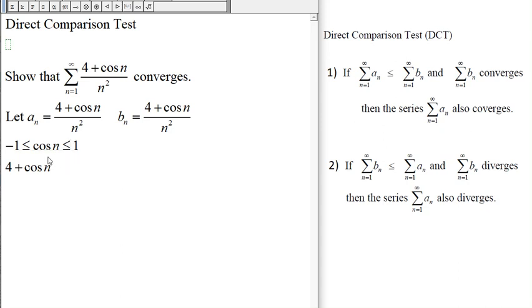And so the cosine of n will always be less than or equal to 1. And therefore 4 plus cosine of n will be less than or equal to 5. So we can let b sub n be 5 over n squared.